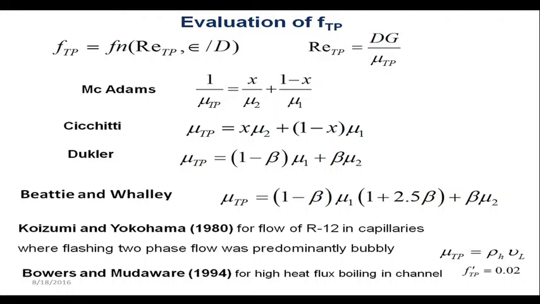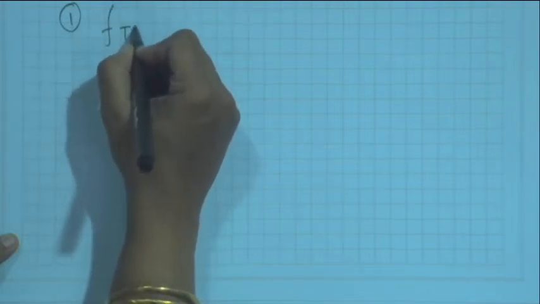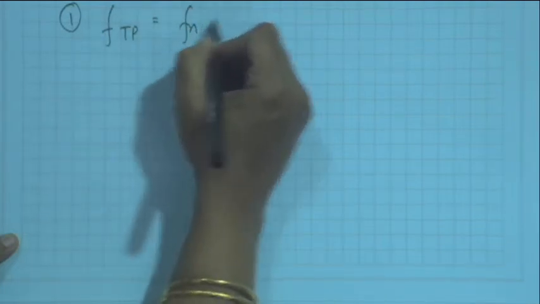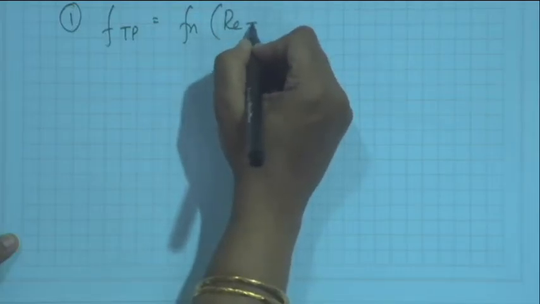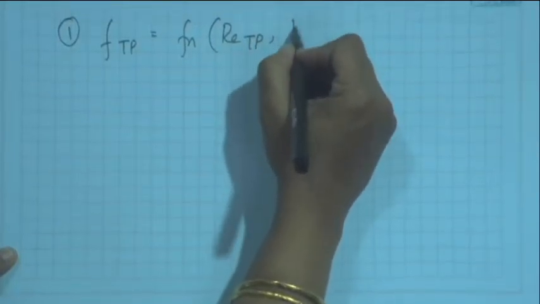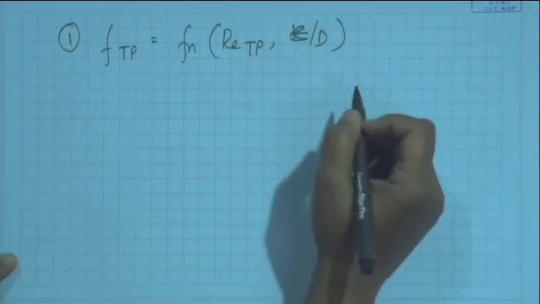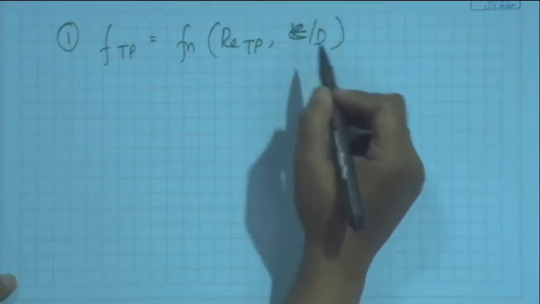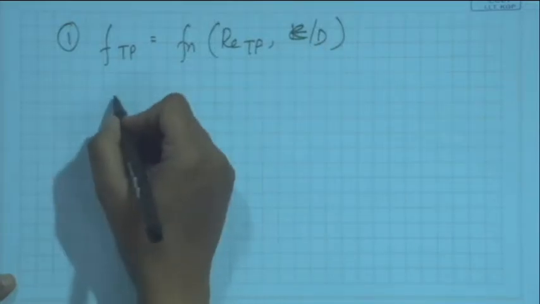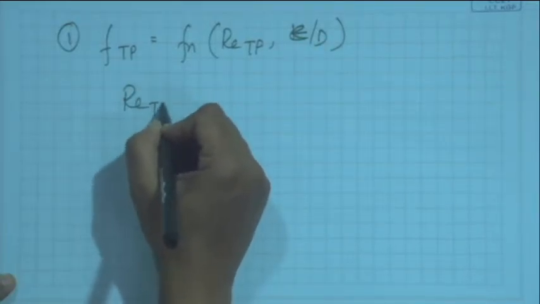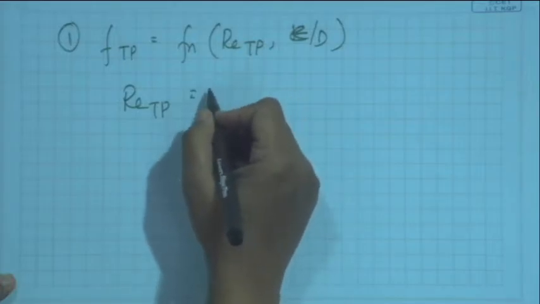In macro systems, one conventional thing to assume is that FTP is a function of Reynolds number for the two phase, and it is a function of epsilon by d, where epsilon by d is the relative roughness factor.